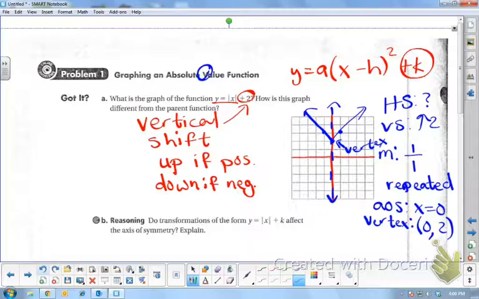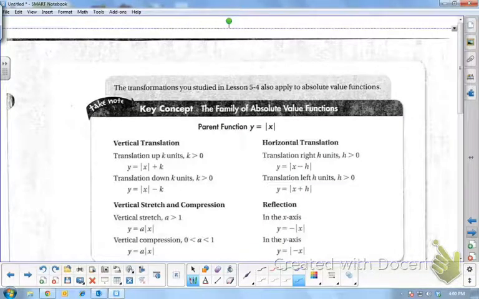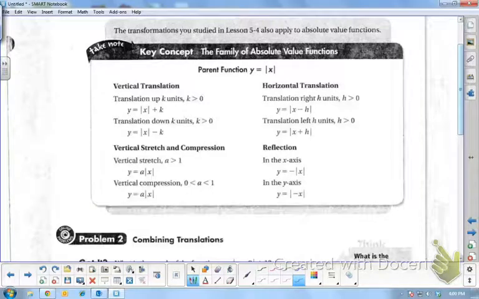Okay, so that covers our vertical shift, but we know there's other possible shifts when we are graphing absolute value or when we're graphing pretty much any function. So the key concepts box shows all of the different possibilities. Shows it in kind of a mathy way, but it still shows it.